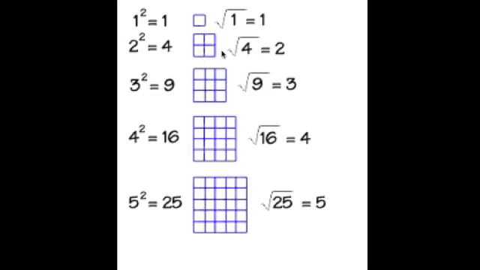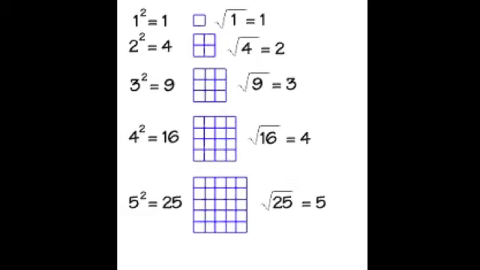When you take the square root of 4, that means you're working backwards to find the length of one side, which would be 2. So 3 squared, meaning you have 1, 2, 3, and 1, 2, 3, and 3 rows and 3 columns makes 9 squares total. To work that one backwards, you would take the square root of 9, which would be 3.